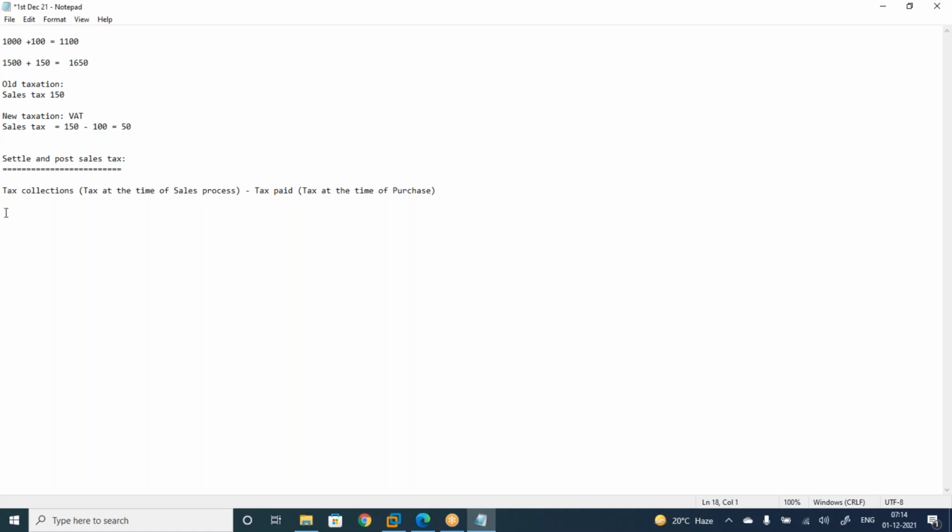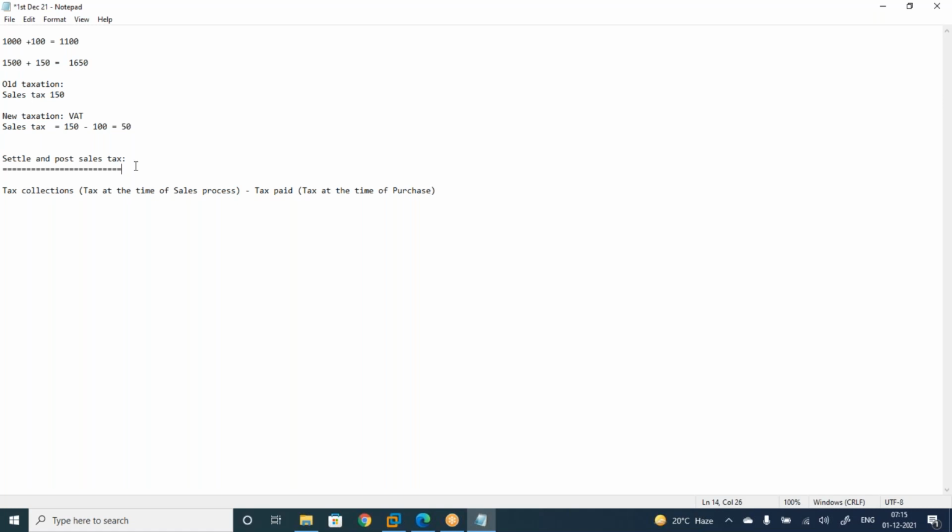What is the meaning of this? In India, suppose from October 1st to October 31st, whatever you have purchased, whatever you have sold, in regular conditions, every month you need to submit before November 10th or 15th. I don't know the date exactly.